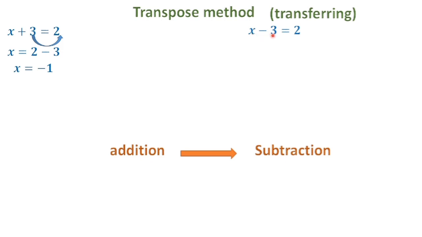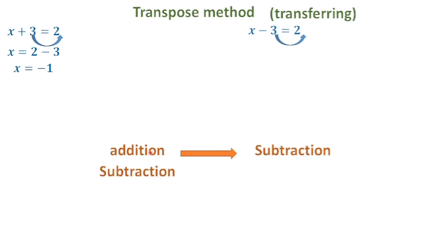Now look at the second equation, x minus 3 is equal to 2. Here in the transposing method, to find the value of x, we have to transpose minus 3 to the right hand side.